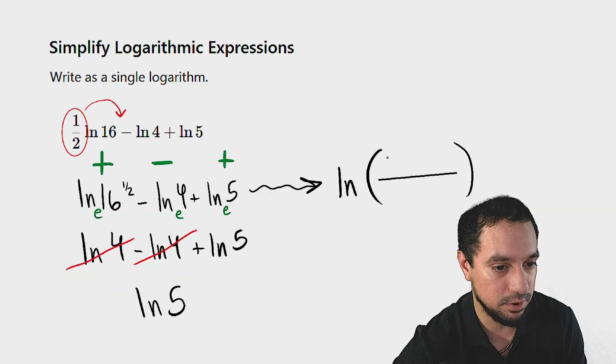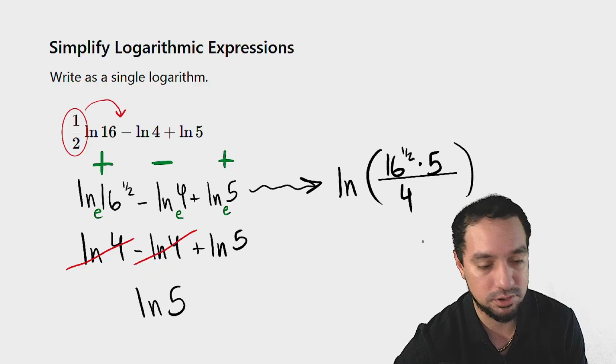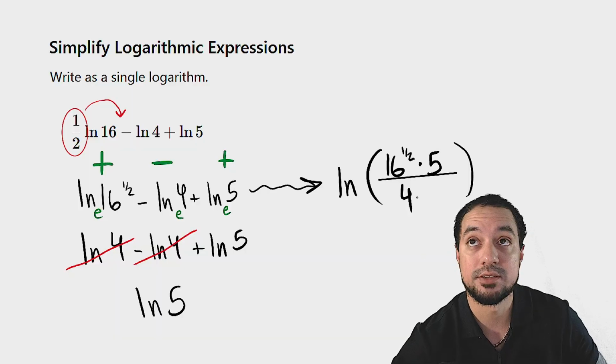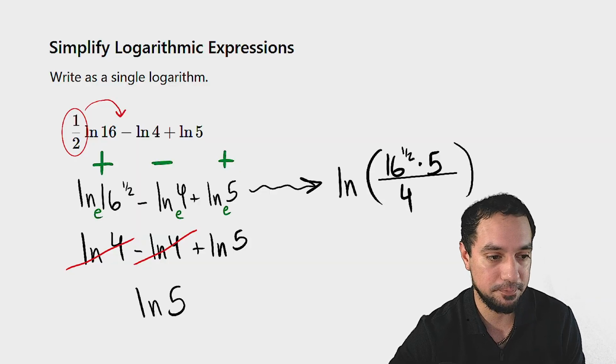So I have a positive term of 16 to the 1/2, a negative term of 4, and then another positive term of natural log of 5. So from here, we would do that same simplification. We do square root of 16, and then the 4's would cancel, and we'd get the same result.